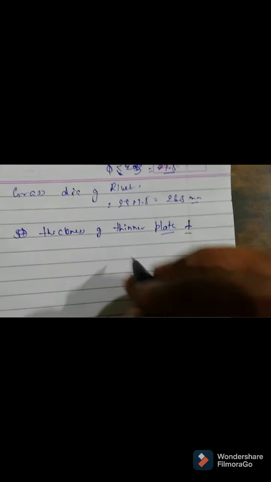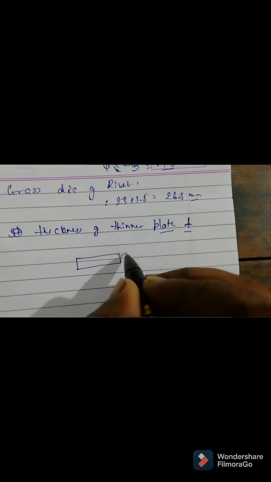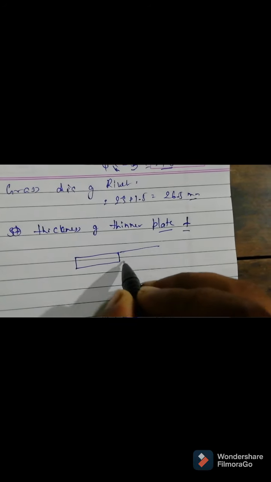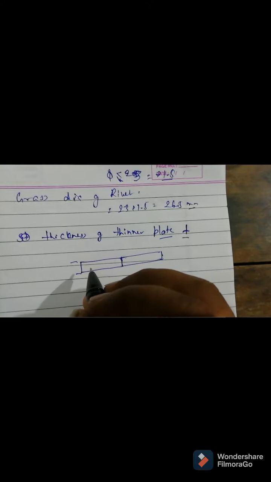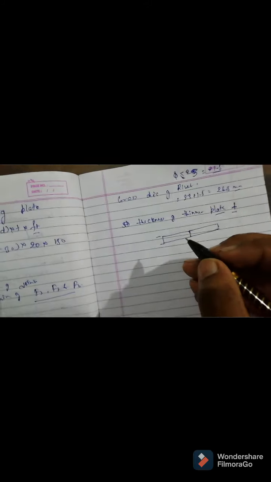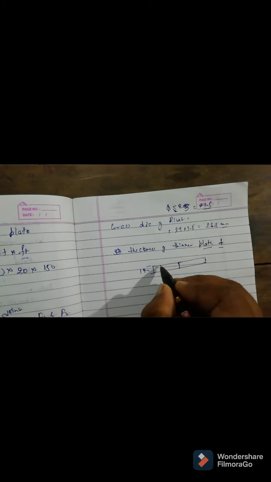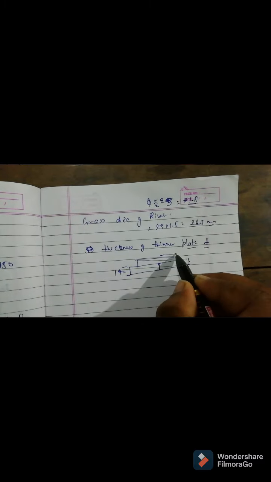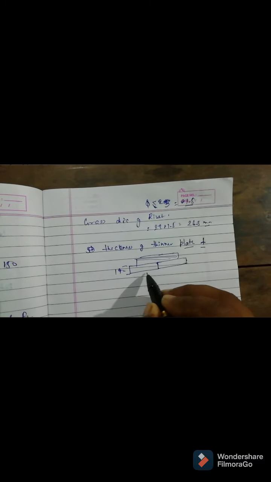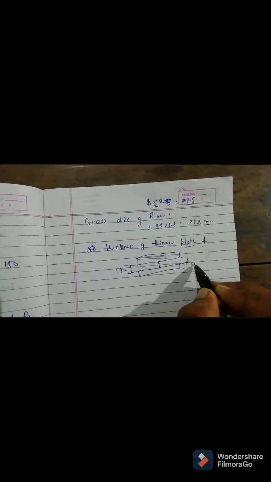Here in this butt joint, this is the first plate and this is the second plate. Here the thickness of the main plate is given as 14 mm, and this is the cover plate, given as 10 mm.